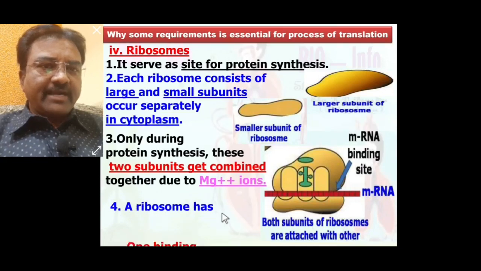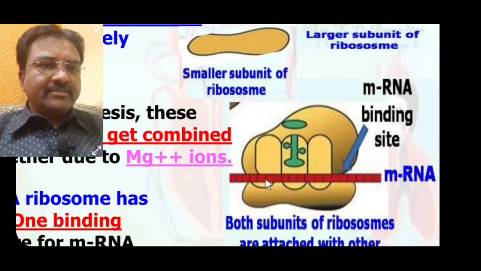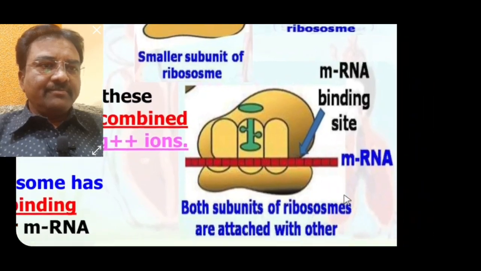A ribosome has one binding site for mRNA also, as seen here. This one is mRNA, so this is the mRNA binding site on the ribosome.